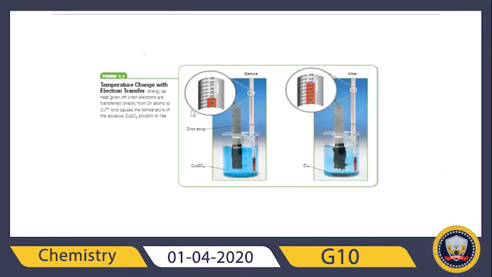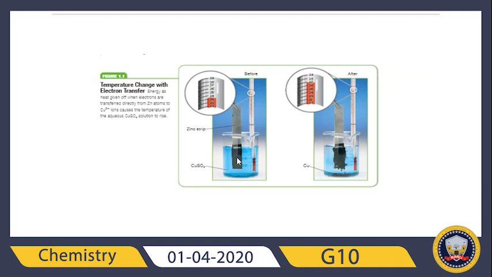So guys, as we can see here in this beaker, we have a zinc strip, and this zinc strip is in direct contact with the copper sulfate solution, and we have here what? A thermometer. So right now guys, we expect that an oxidation reduction reaction will take place between the zinc atom and the copper ions in this solution. The zinc atom will lose electrons, and these electrons will be accepted by the copper ions in this solution.